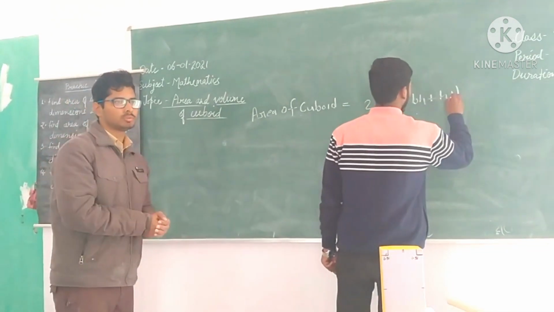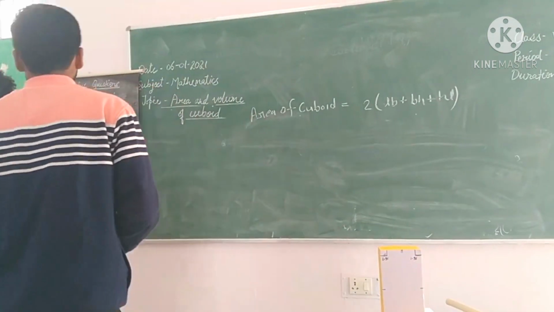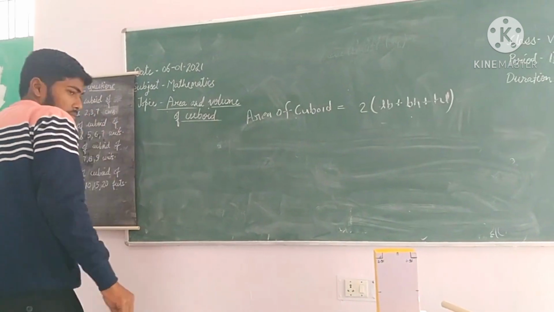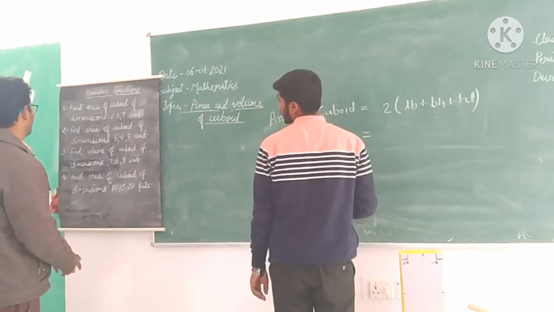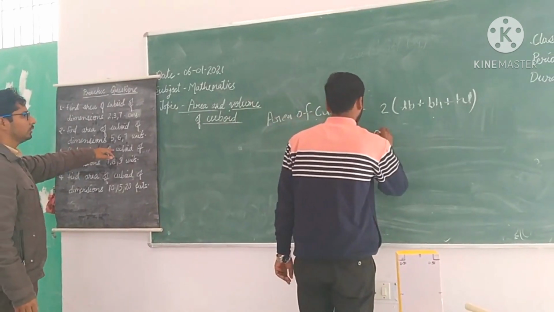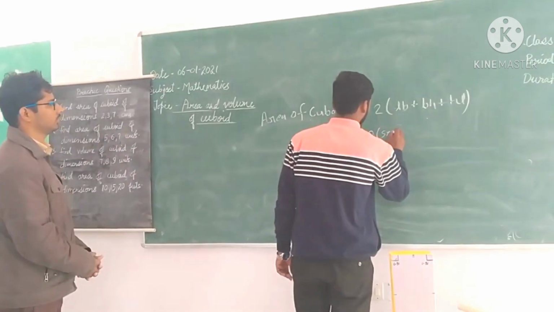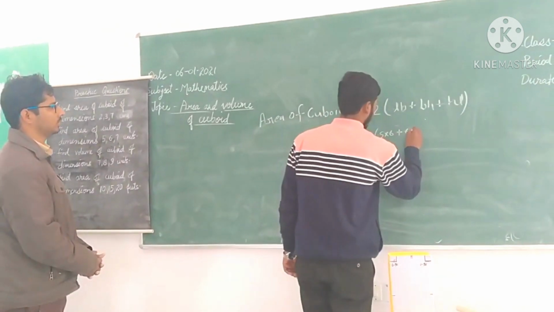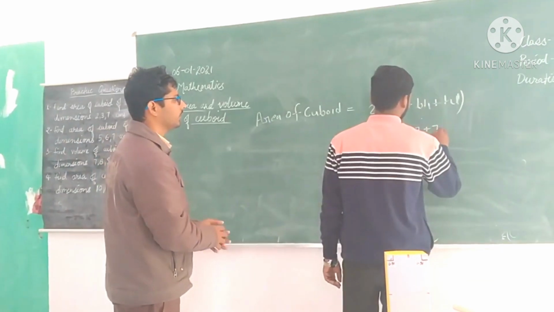So all of you sit down on seats. Now you all put the values and solve the equation. So values are given: 5, 6 and 7 units. Write in bold letters so everybody can see.